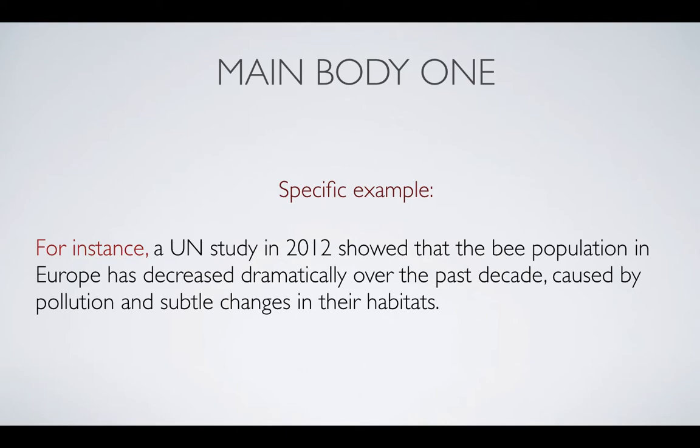In this case, I use for instance, and I've got a UN study in 2012. It showed that the bee population in Europe has decreased dramatically over the past decade, caused by pollution and subtle changes in their habitats. Now, okay, bees are not animals, but I'm still on the topic of pollution and changes to the habitats.